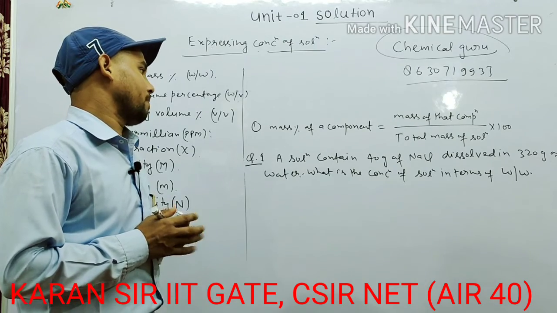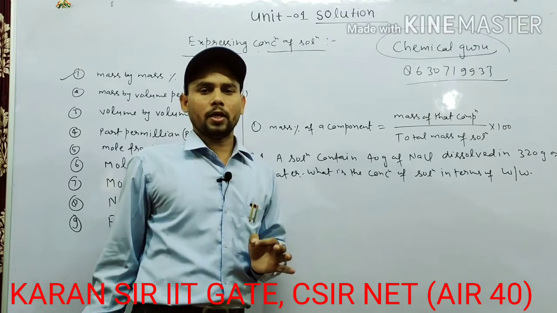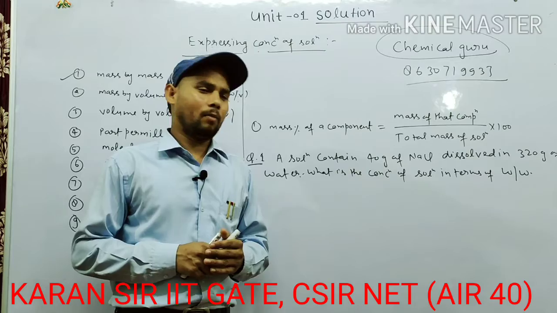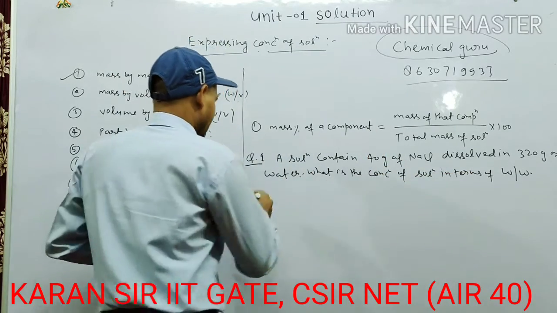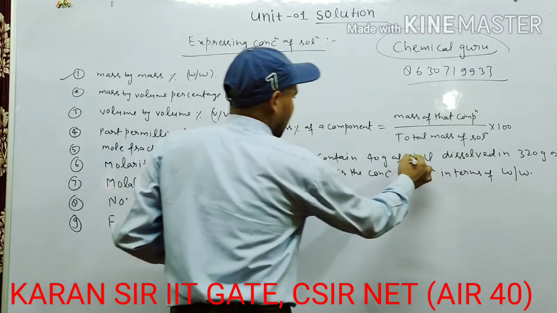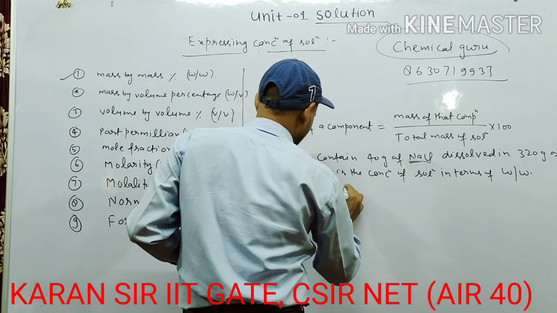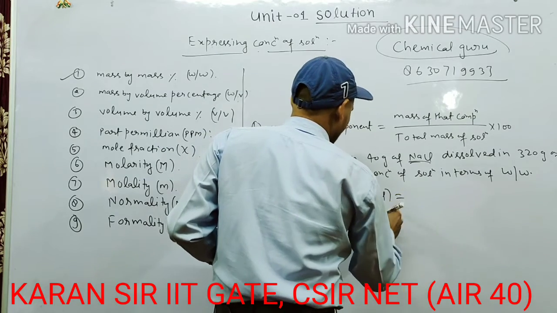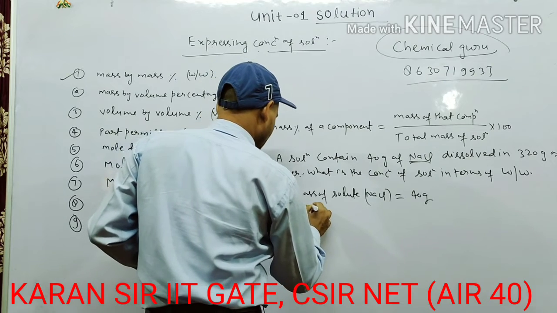Now solve this problem. A solution contains 40 gram of NaCl dissolved in 320 gram of water. What is the concentration of the solution in terms of W by W, that is mass by mass percentage? First note that the solute is NaCl. Mass of solute equals 40 gram, and water is the solvent.